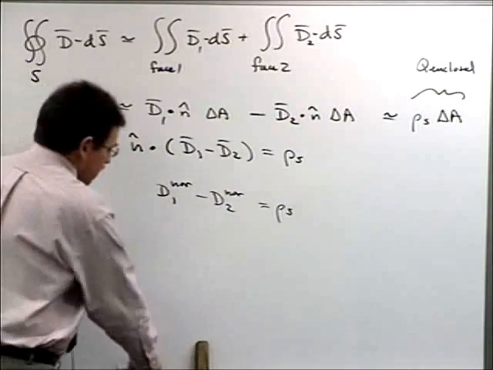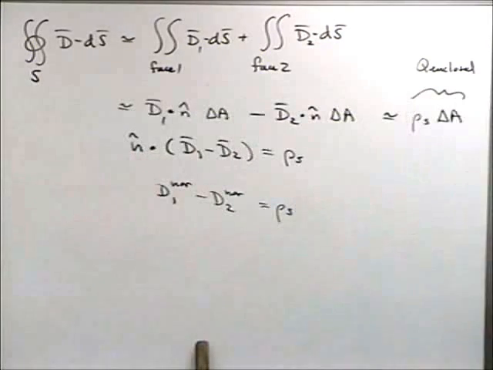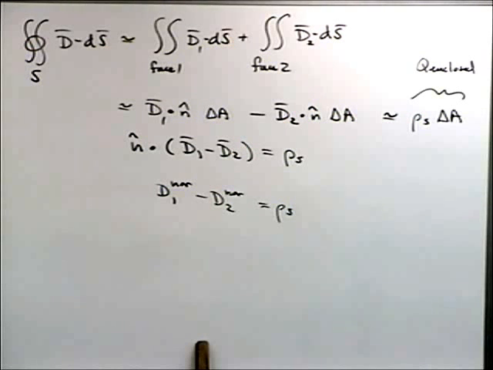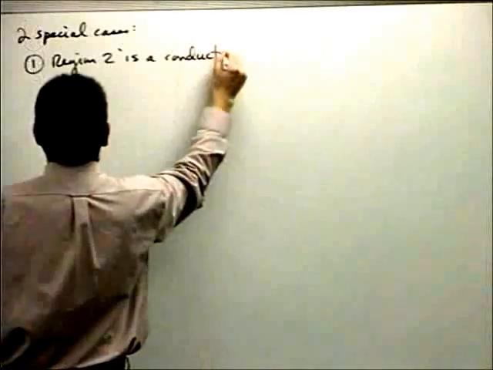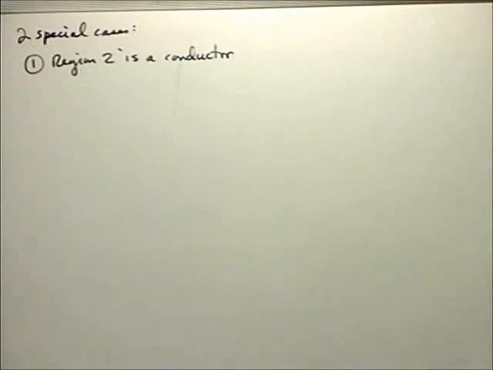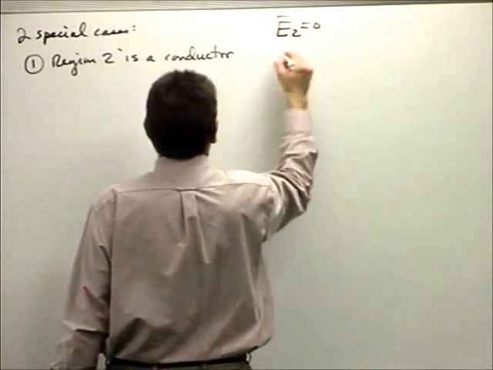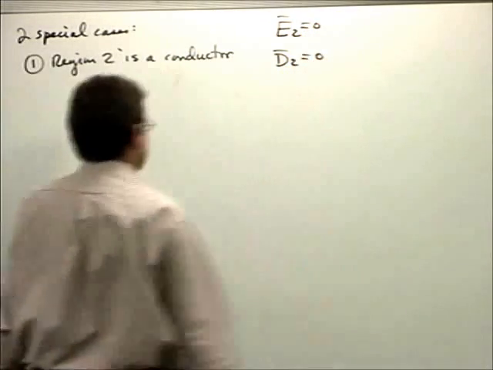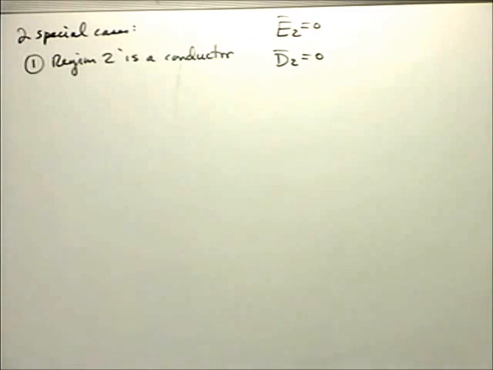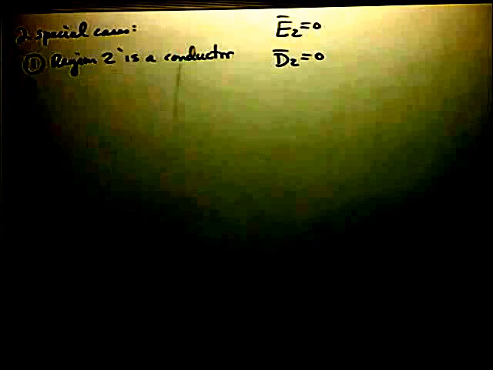Now again, there's two special cases that come out of this. In the first case, region 2 is a conductor, and that means that E2 is 0 and D2 is 0, and therefore D2 normal is also 0.